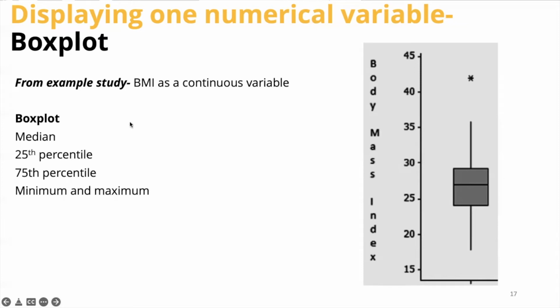In this box, we represent the median, which is this line here, the 25th percentile, which is this line here, and the 75th percentile, which is this line here. This is typically the range, so the maximum and the minimum are located here, and sometimes, depending on the software you're using, you'll see outliers, which are denoted by that little star there. So that's a box plot.